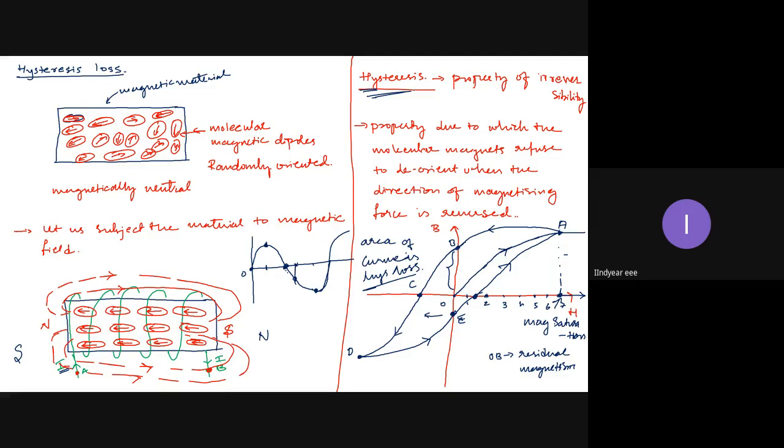Because the material will oppose deorientation and reorientation. In this opposition, the material will consume some energy. That energy consumption physically is hysteresis loss. Mathematically, it is given by the area of this loop. The area of this loop is hysteresis loss.